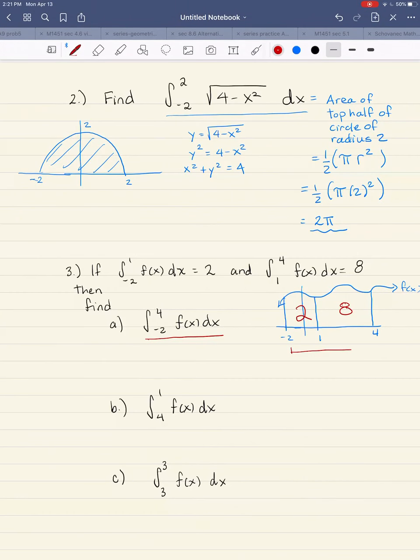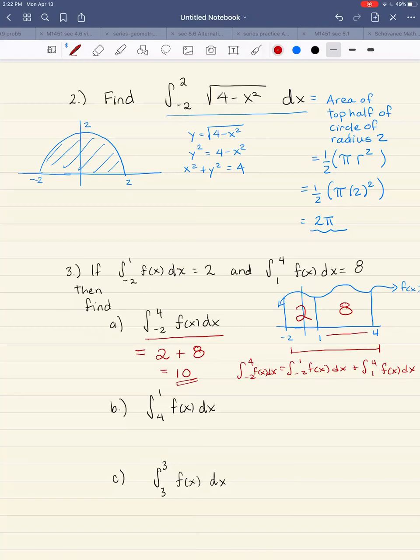So if you want to get the area from -2 all the way out to 4, doesn't it make sense that that's just going to be 2 plus 8? That's that addition rule, that the area from -2 to 1 plus the area from 1 to 4 is the area from -2 to 4. That's what we just did right here, but the picture tells you the obvious.